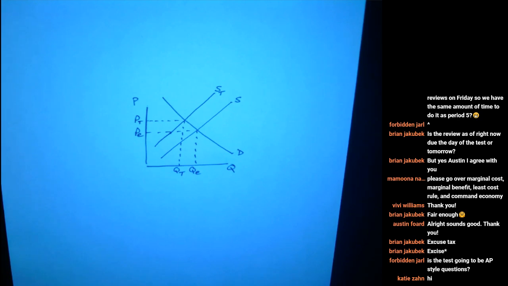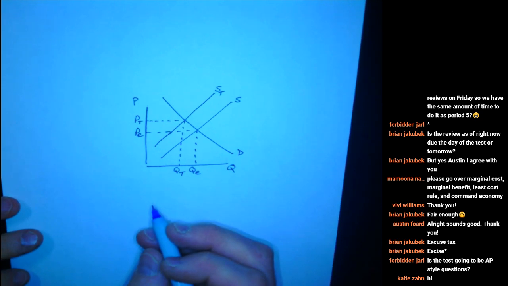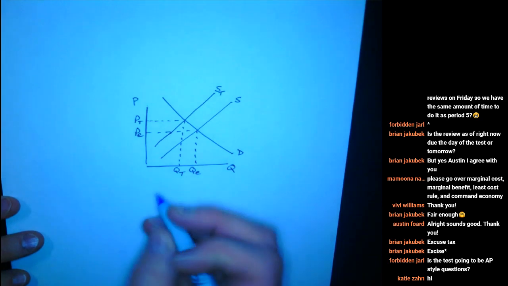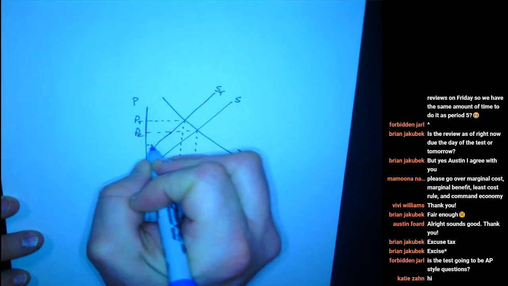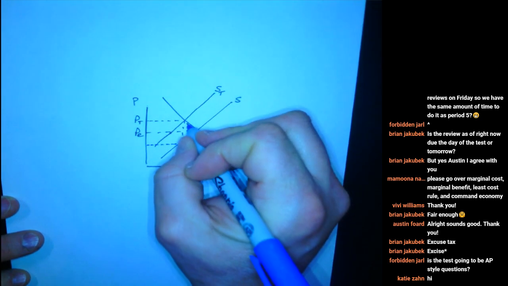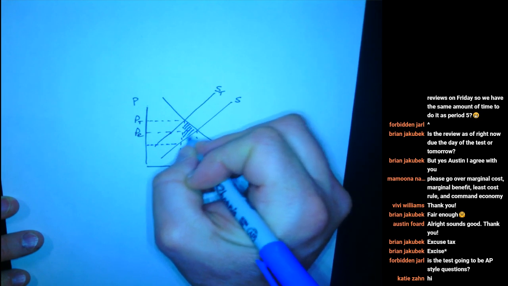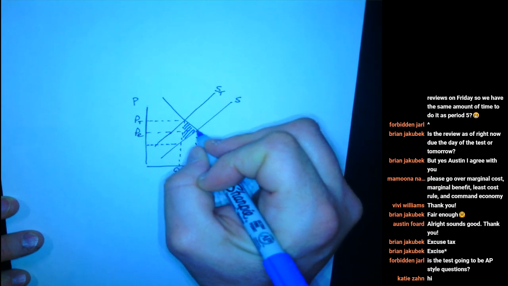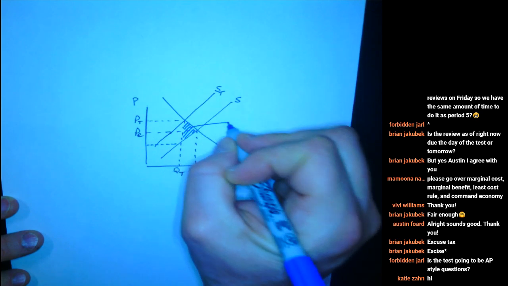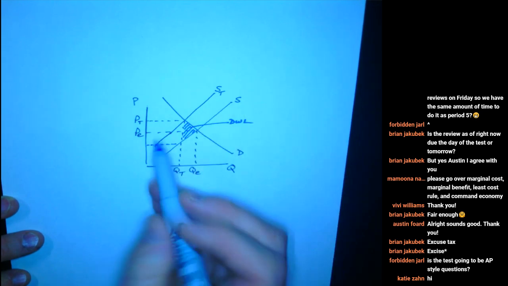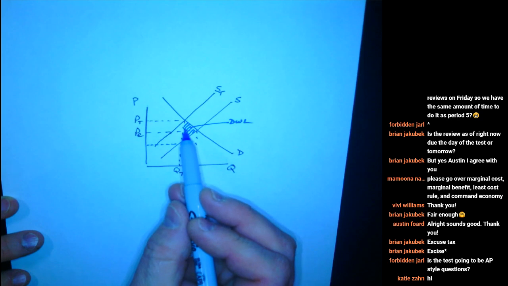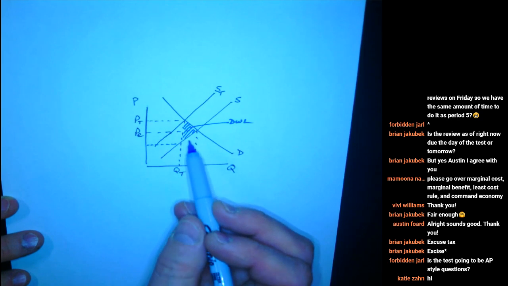Now, a couple things happen here. Number one, the price went up, obviously. We know that. And what an excise tax does is create deadweight loss. So this area right here is your deadweight loss.